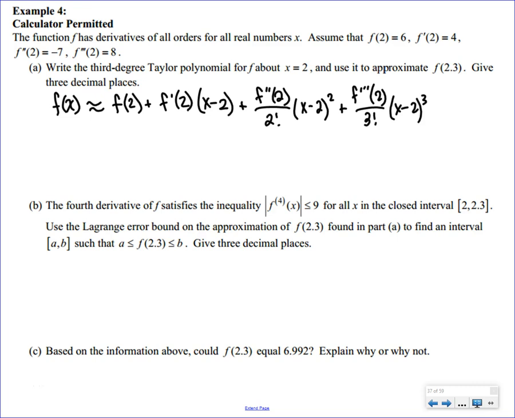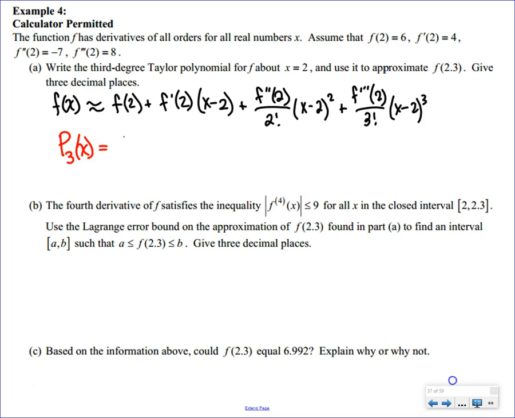Okay, we good? Ooh, but we can't box it and be done. What do we got to do? Go find our values. Now, we could say f of x is approximate, or we could say the third degree Taylor polynomial is equal to, right? Because this, by its notation, is the approximate.